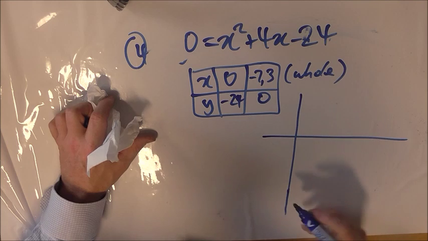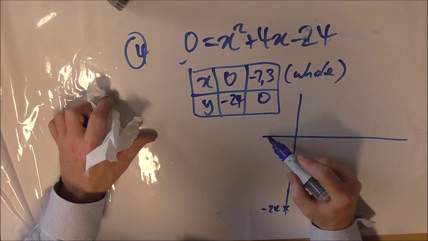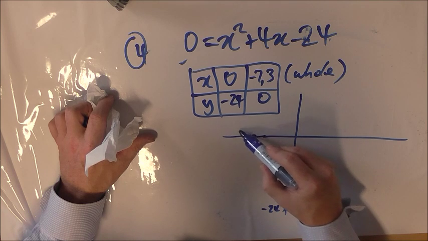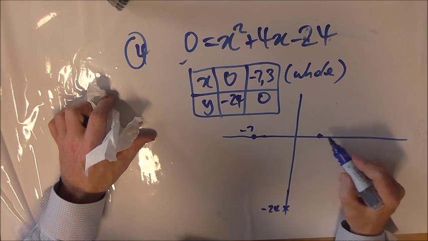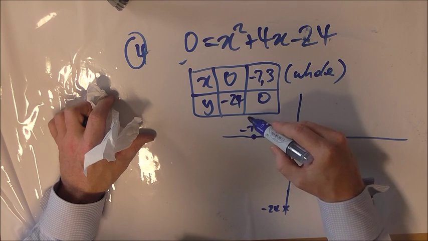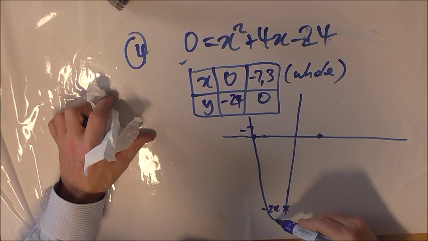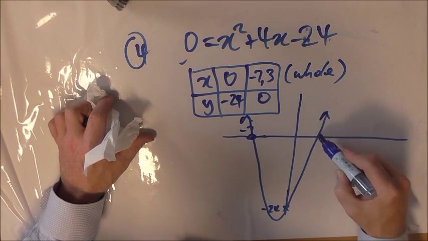So, 0 along, negative 24 down. Negative 7 to the left, nothing up. 3 to the right, nothing up. So that's the graph, and we've shown the intercepts.